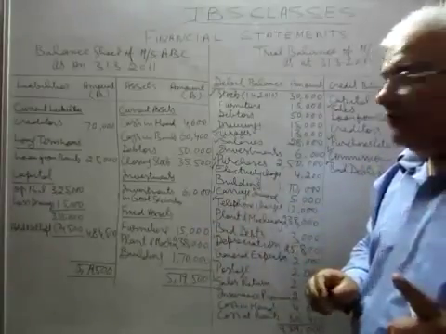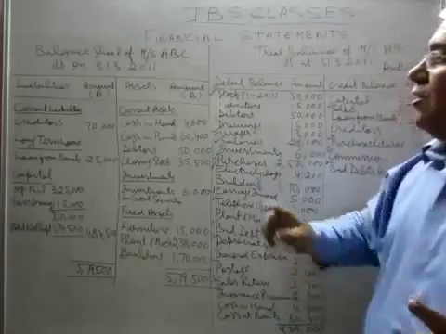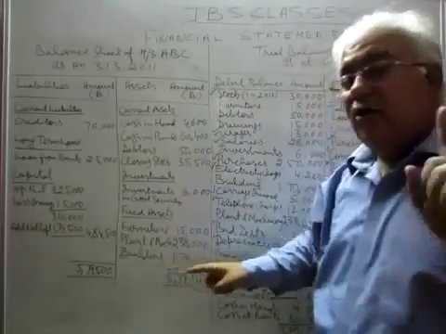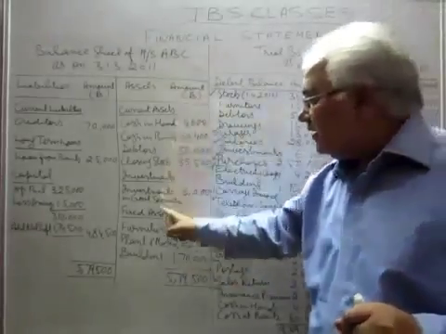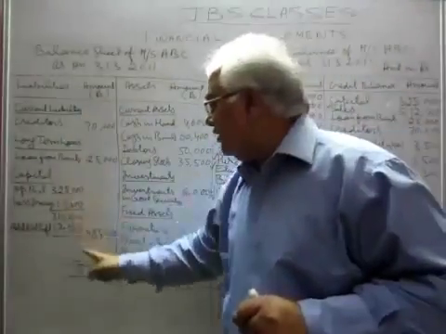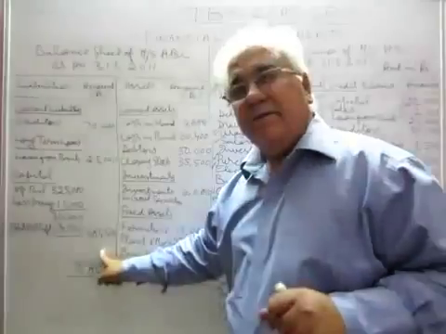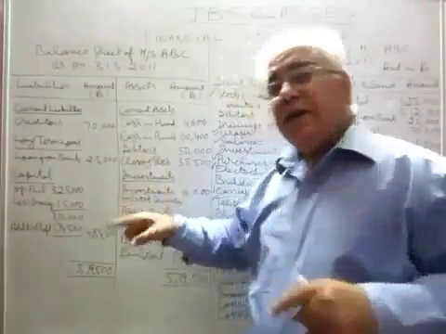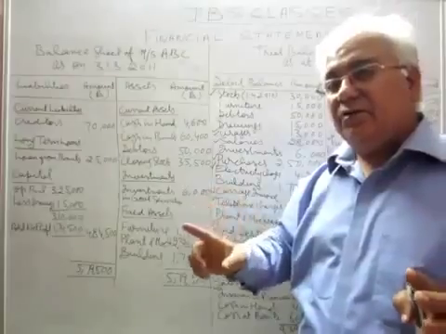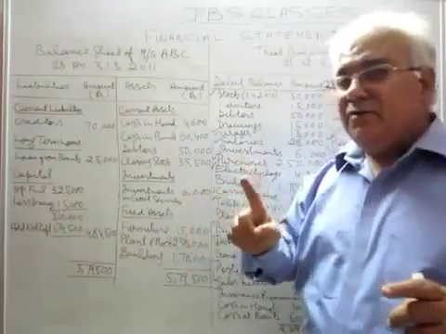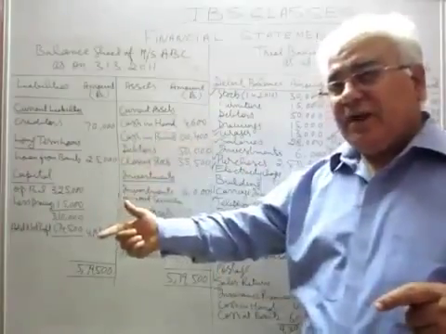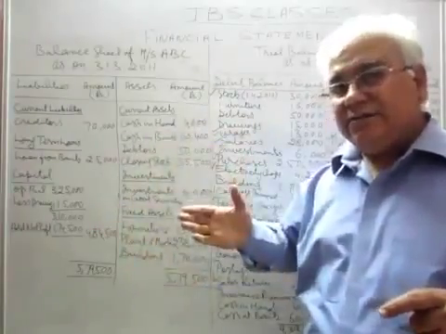The opening entry will be: all the assets will be debited and all the liabilities, including the capital, will be credited. That will be the opening entry in the next year, starting on 1/4/2011. And from that journal entry, the ledger will be posted and the new year will start.